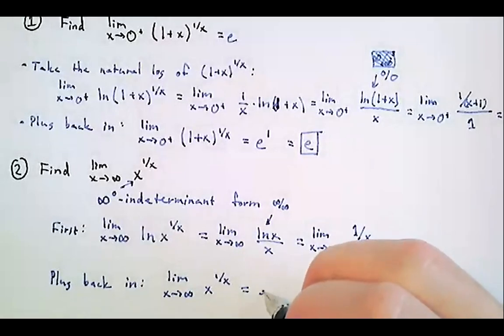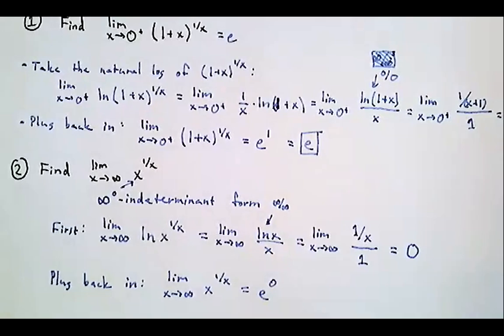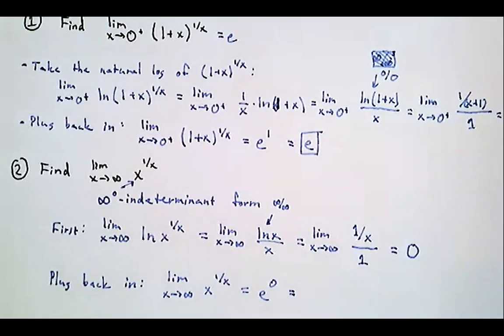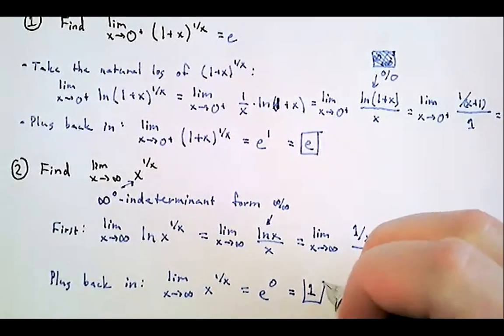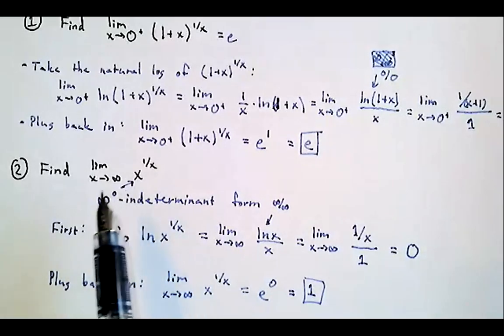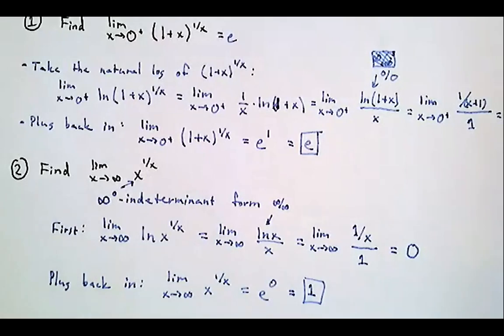It's just e to that power. And what is e to the 0? 1. It's 1, right? So that's the answer. As x goes to infinity, this function x to the 1 over x gets closer and closer to 1.